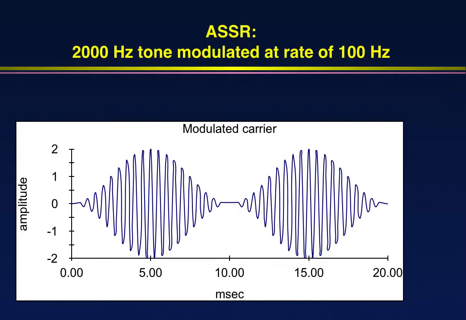There are some devices that actually present stimuli that are essentially tone bursts at very, very fast rates, which is another way to get more energy into the stimulus in any unit of time, such as a millisecond or second. So this is the traditional stimulus for ASSR, pure tone changed in amplitude.